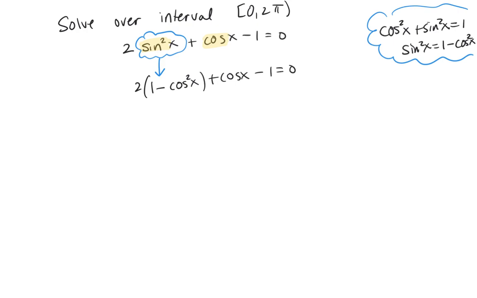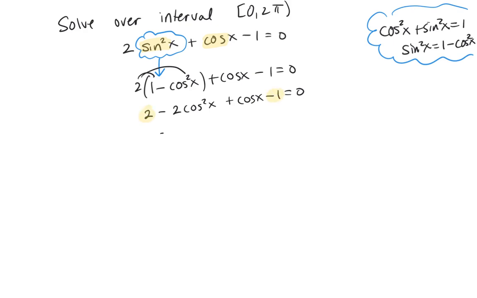So I have 2 times 1 minus cosine squared x plus cosine x minus 1 equals 0. Let's distribute our 2. So we get 2 minus 2 cosine squared x plus cosine of x minus 1 equals 0. I'm going to combine my numbers.